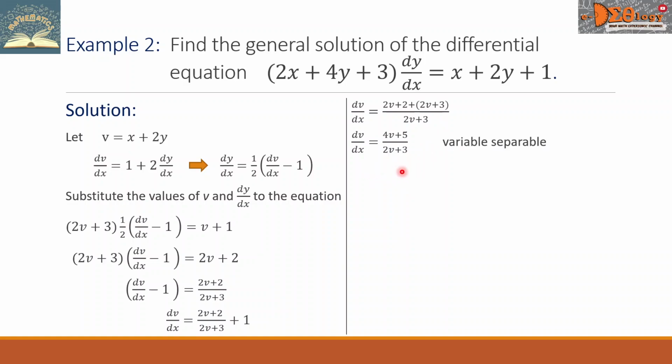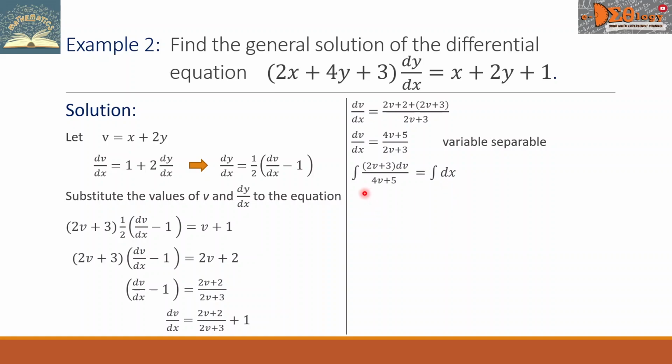At this point, we're going to do variable separable. So we will have this 2v plus 3, this quantity multiplied by dv, all over 4v plus 5 equals dx. Then we will integrate both sides. On the right side, it's easy to get the integral of dx.